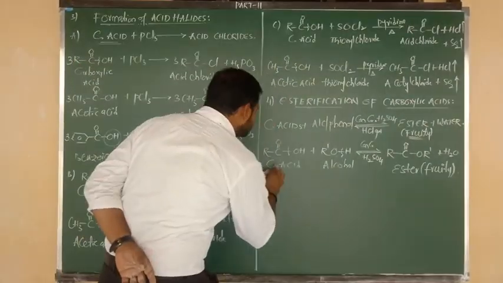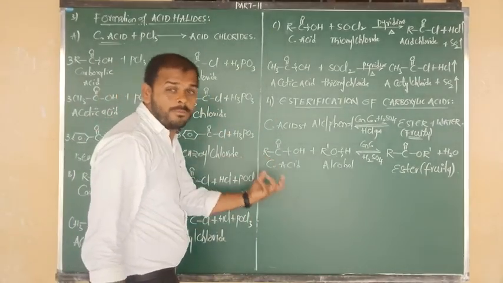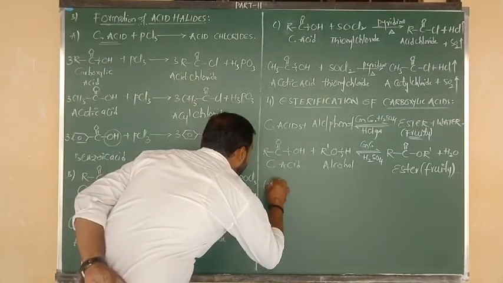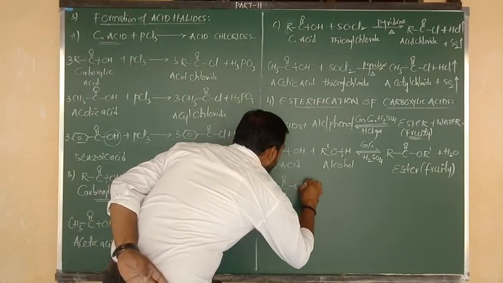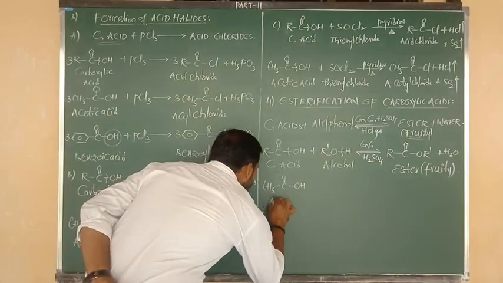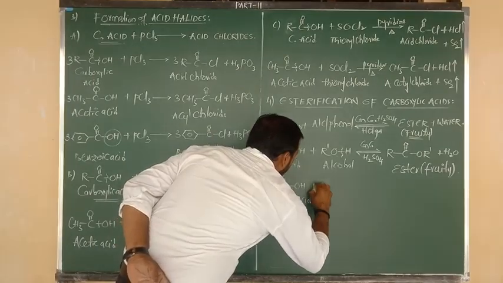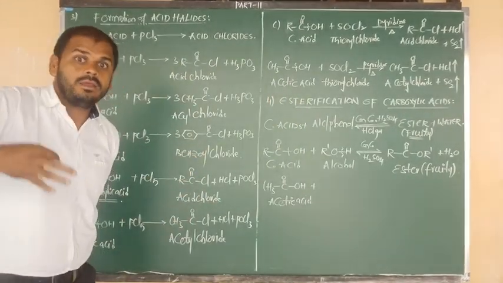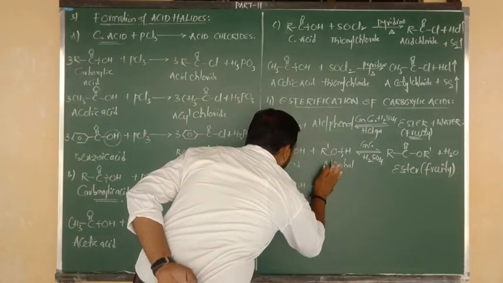Now let me go for one example. In the place of R in the carboxylic acid, I am going to write CH3, meaning we consider acetic acid. Example number 1 is acetic acid, CH3 bonded to C double bond O bonded to OH. What is the name of this compound? Acetic acid. When it reacts with alcohol, I want to consider ethyl alcohol. Sir, what will be the formula of ethyl alcohol?